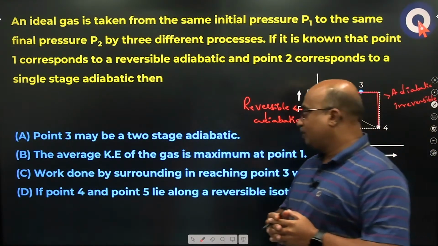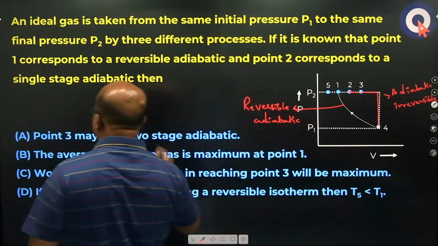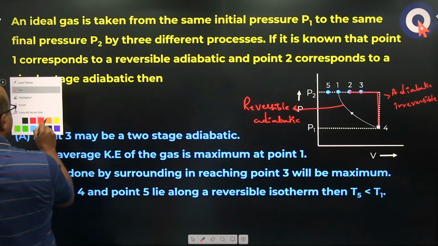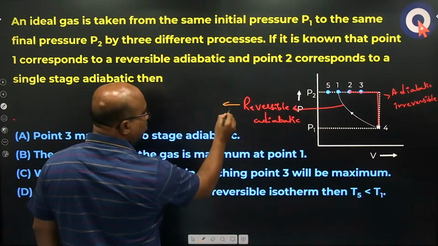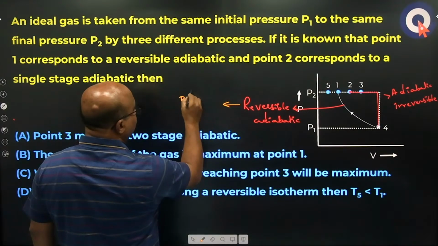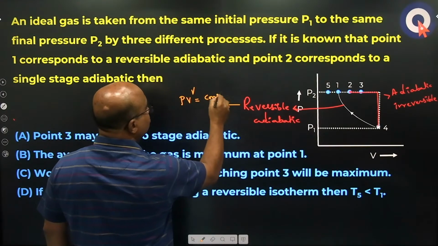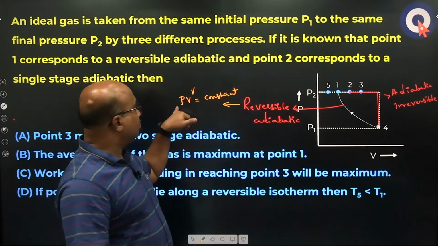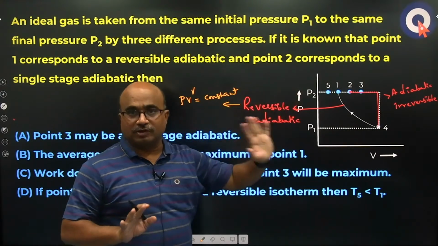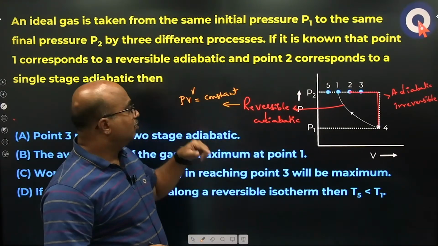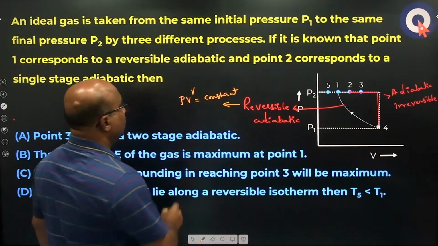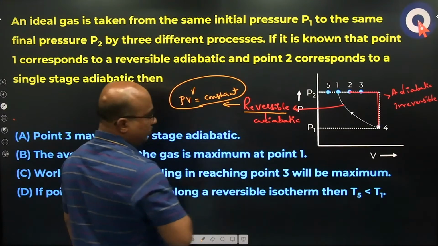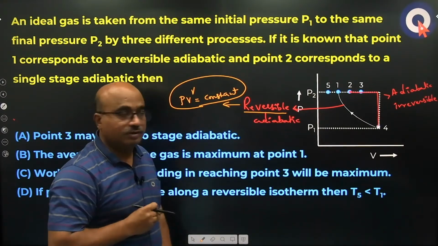Okay. For an adiabatic reversible process, PV to the power of gamma is constant. But we can't express this for an irreversible process. PV power gamma is constant is applicable only for a reversible or adiabatic reversible process.